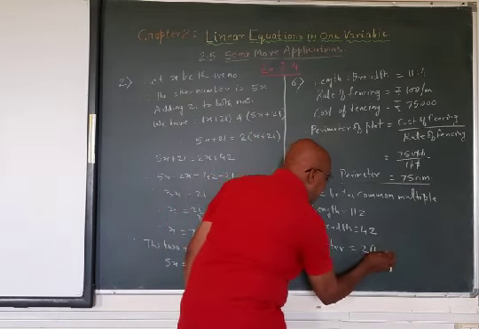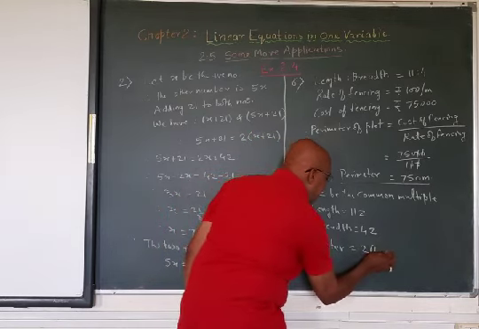Therefore, present age of granddaughter equal to 6 years, and present age of grandfather equal to, now grandfather's age is 54 more.